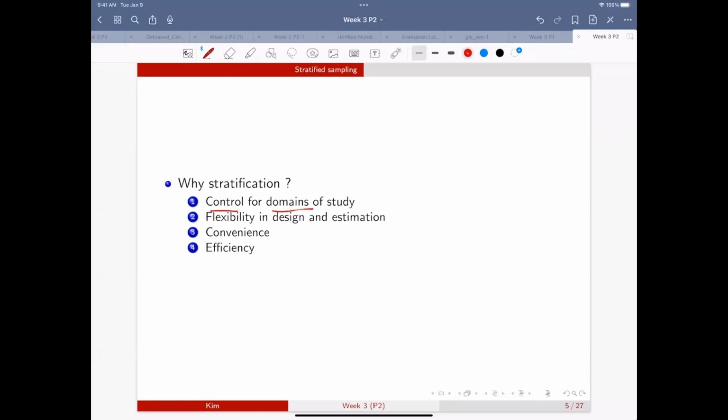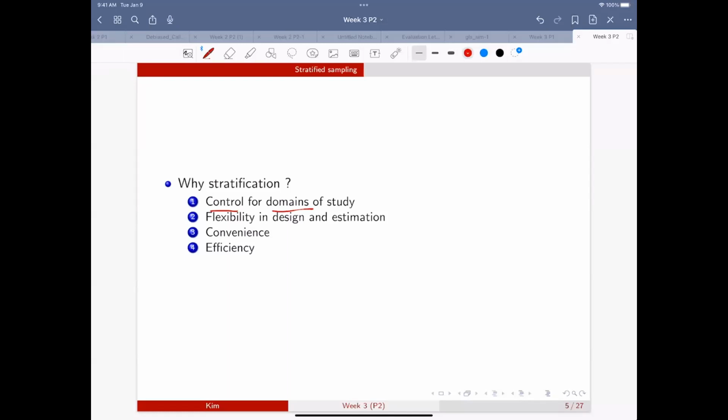We stratify first, and then treat each stratum as a separate population. Each state office knows better how to collect samples, so we can have some flexibility in the actual implementation.